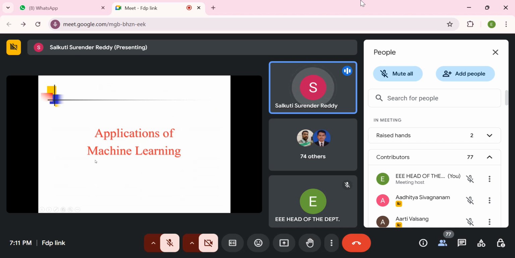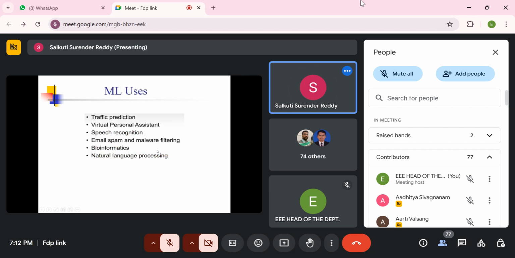So let's see some of the applications, in brief: how you can use machine learning for various applications, like traffic prediction, virtual personal assistants, speech recognition, email spam and malware filtering, bioinformatics, and natural language processing. So we can use machine learning for a wide variety of applications.